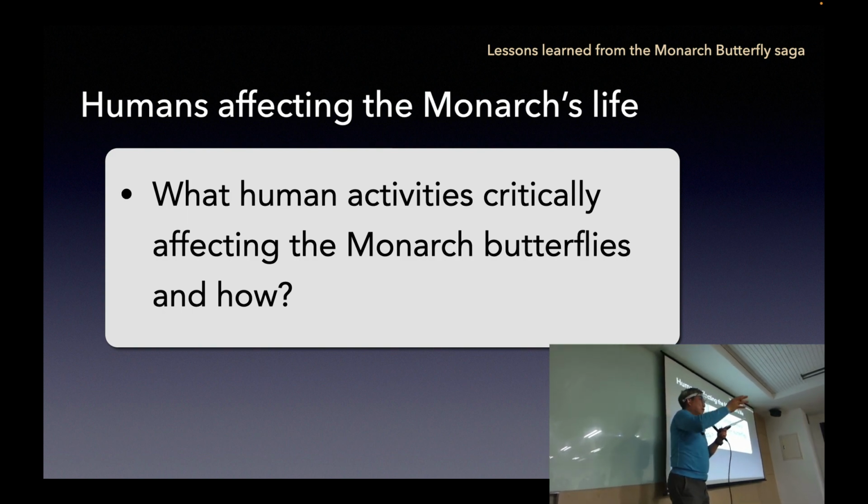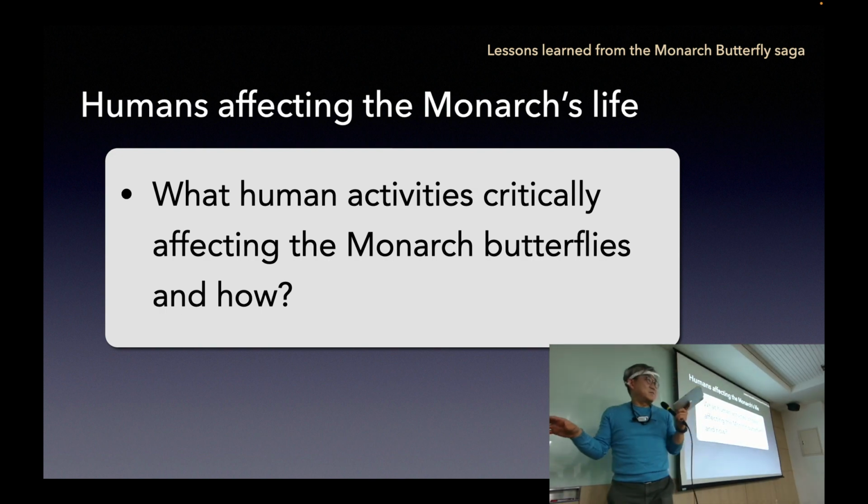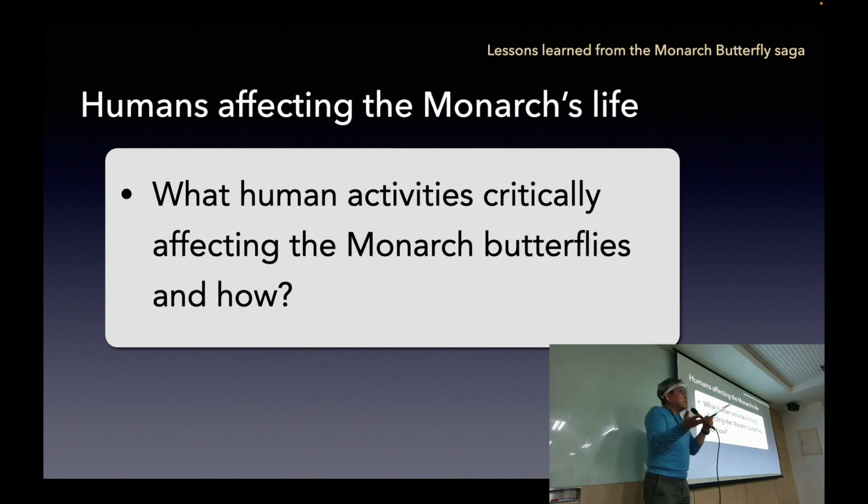And one last thing is, this monarch butterfly species is now endangered. It's on the verge of extinction. So if we are not lucky enough, we may not be able to see them around after several years. And the reasons, there are three reasons in the lecture handout.